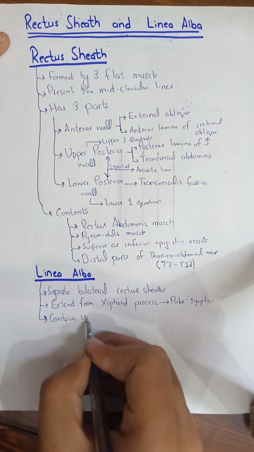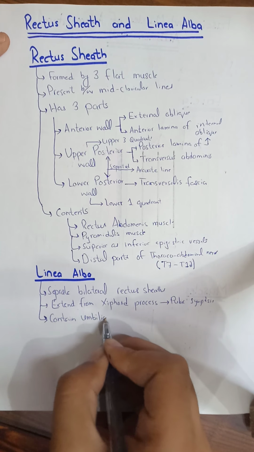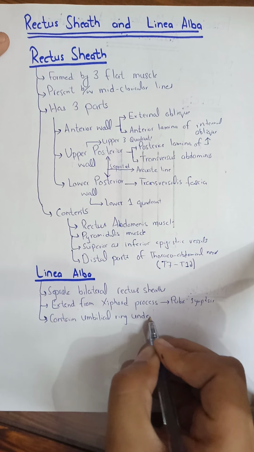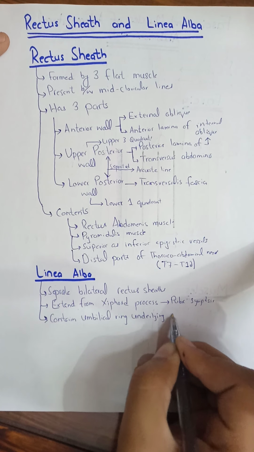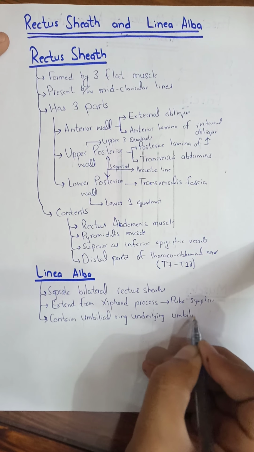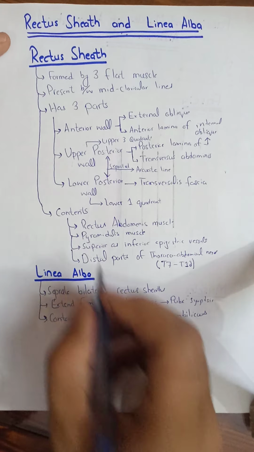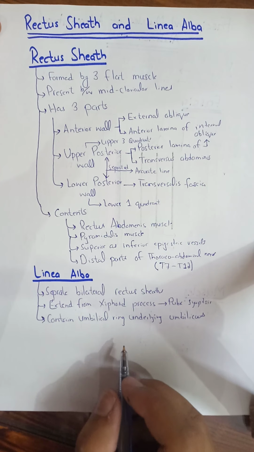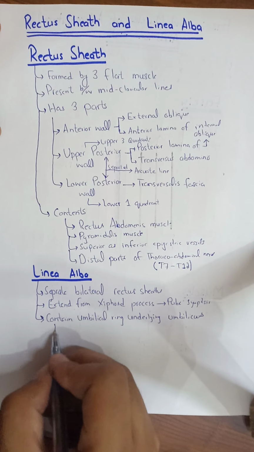And it contains an umbilical ring, which is present underlying the umbilicus. As it is present in the center, it crosses the umbilicus, and deep to the umbilicus there is an umbilical ring. What is this umbilical ring?